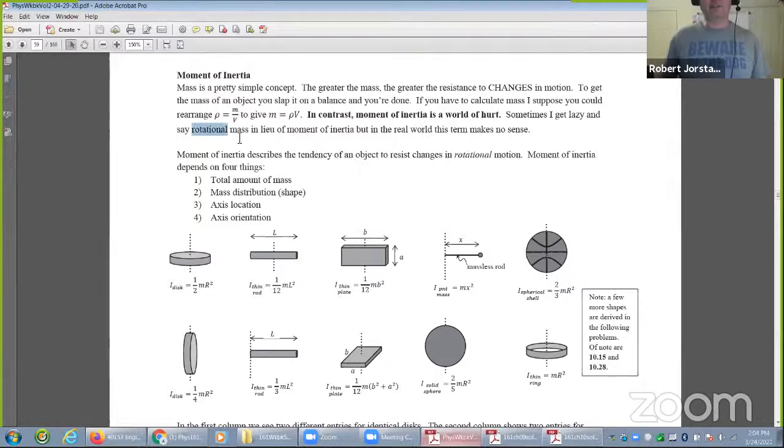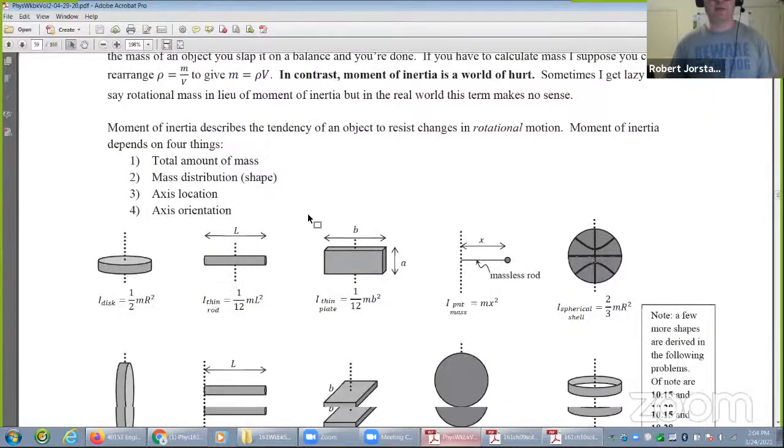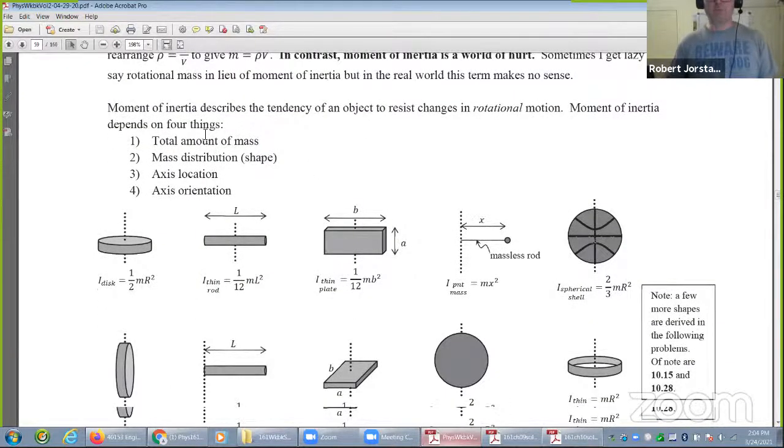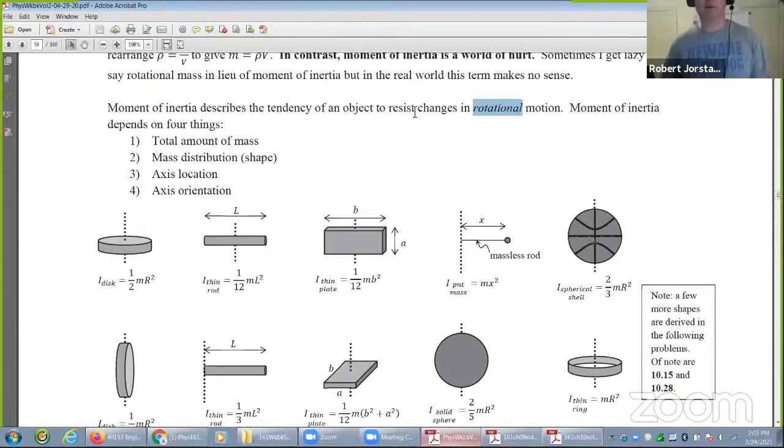You're going to hear me say this term rotational mass in lieu of the full term moment of inertia. I just want to be clear that there's a difference between mass and moment of inertia. So sometimes I say rotational mass. I don't know if anybody else in the real world says that, to be honest. But look at this. Moment of inertia talks about resisting change in rotational motion.